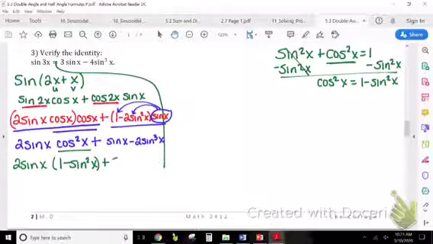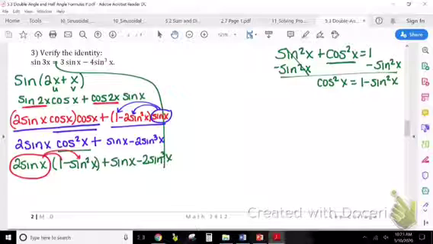See, and I can't do anything else to this other part, so I'm just going to bring it down. Yeah, so now this is being multiplied times a parenthesis. The parenthesis has a minus sign in it, so we can distribute. So 2 sine of x minus, what's that going to give me?